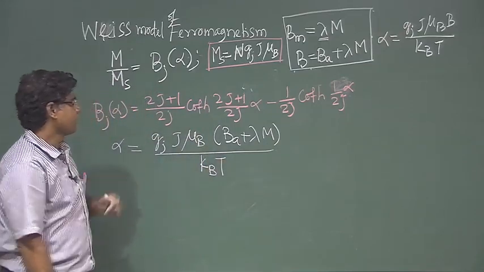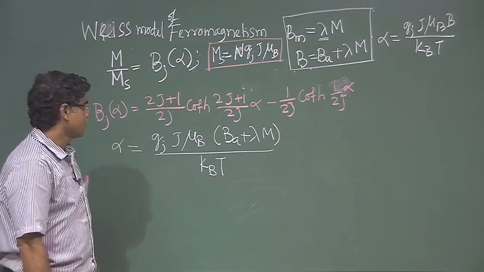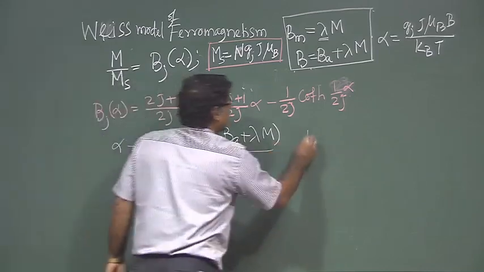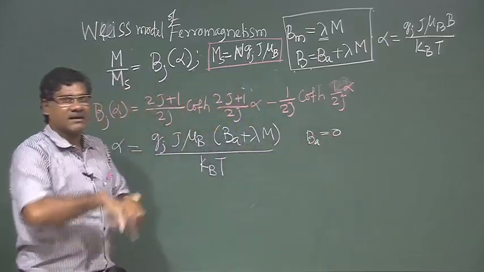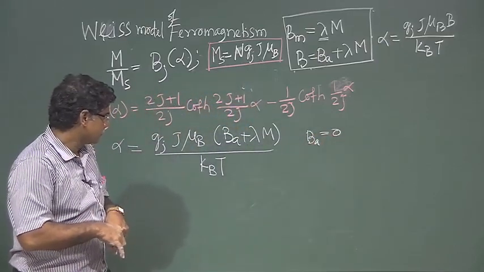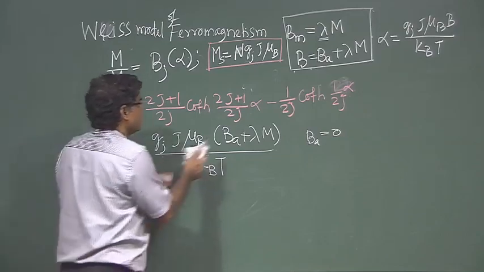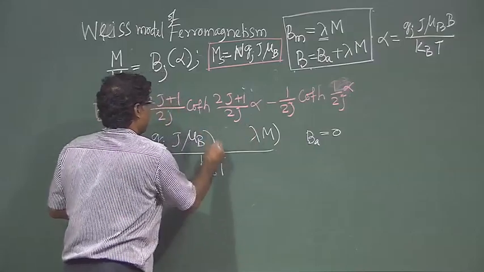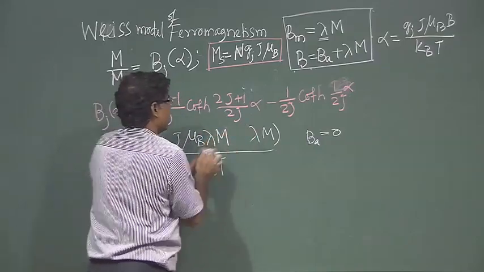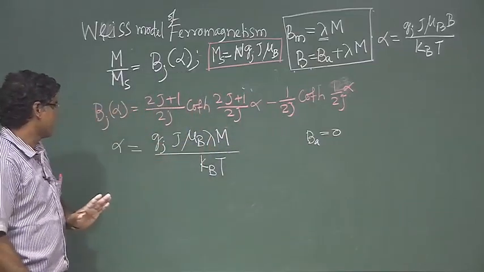That is the alpha. Now if I put the external field B_A equal to 0, meaning no external field is applied, then alpha will be this lambda M by kBT.